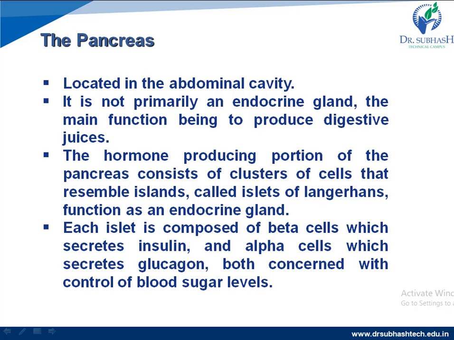The hormone producing portion of the pancreas consists of clusters of cells that resemble islands, called the islets of Langerhans, and functions as an endocrine gland. Each islet is composed of beta cells which secrete insulin, and alpha cells which secrete glucagon, and both are concerned with the control of blood sugar level.